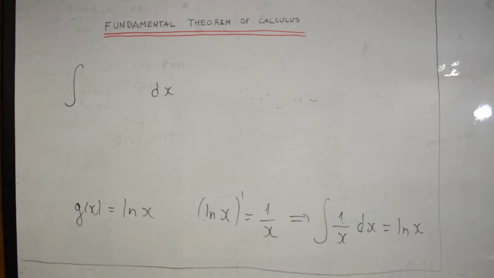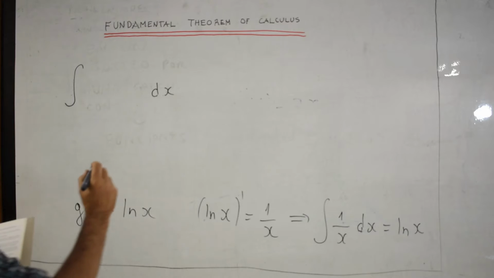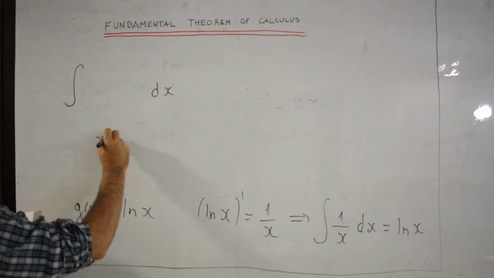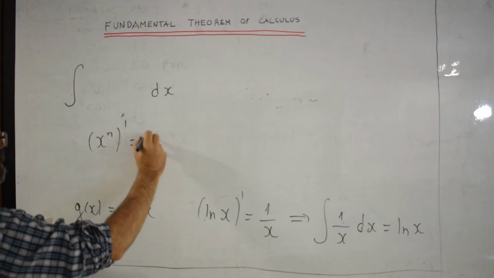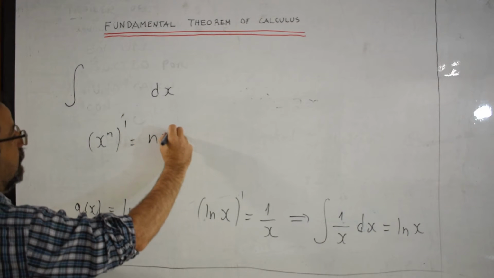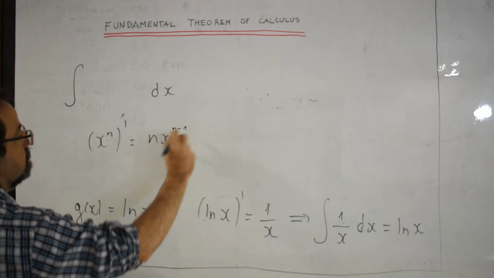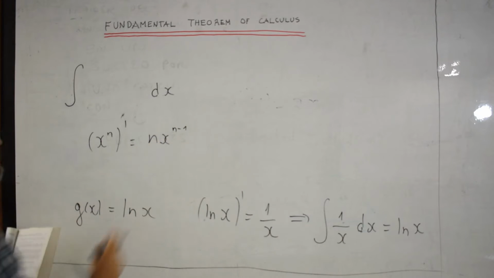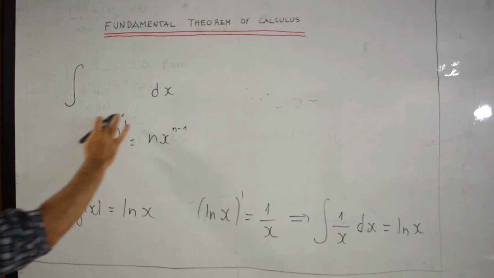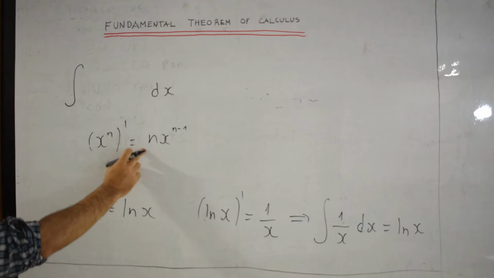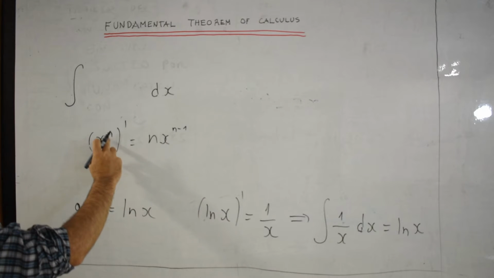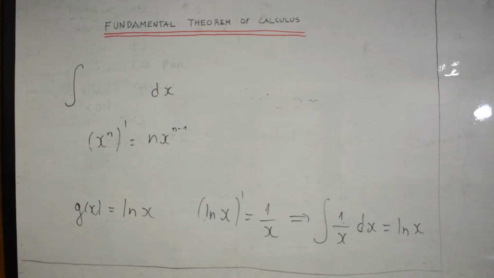Well, let's find some formula that we're going to use to integrate. We know that the derivative of x to the n is n x to the n minus 1. So, to find the derivative, we put the n in the beginning as a product, and then we have to subtract 1 from the exponent.